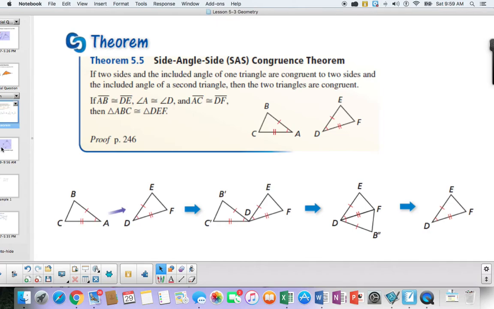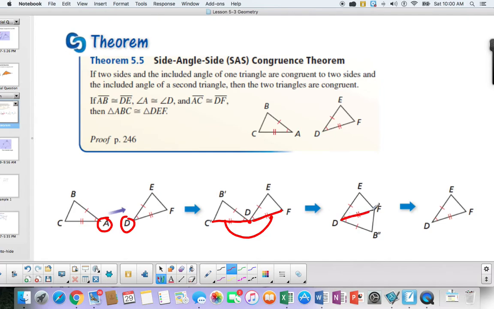All right, let's go ahead and start right here. We have two sides and we have an angle, and what we're going to want to do is match DA with D. So we're going to use a translation to match these up, and that's what's happening here. They're hooking up here. The next step is to take this side and this side, and we're going to rotate it so that they match here.